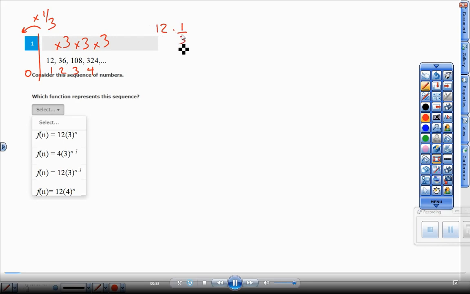Showing right here, 12 times 1/3, multiplying straight across, gives me 12 over 3. That's where I get 4 out of that. So backtracking one step, that's going to be 4.